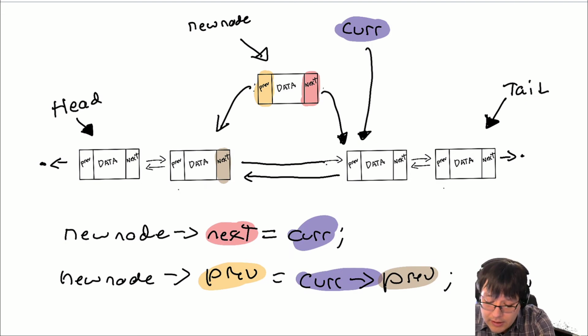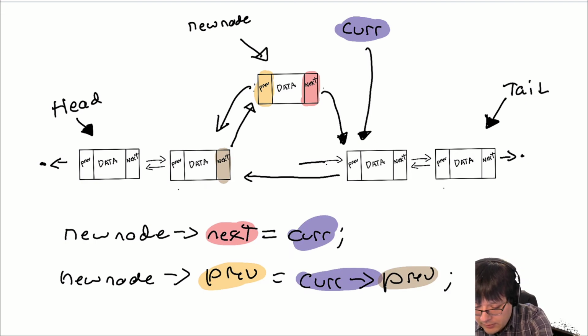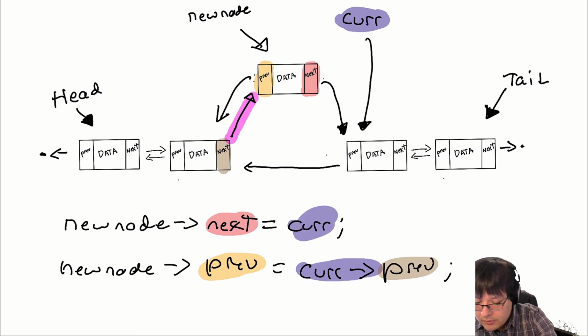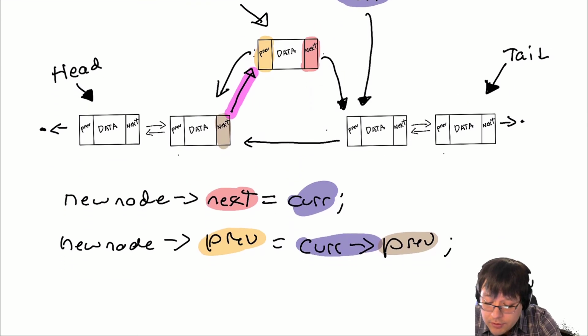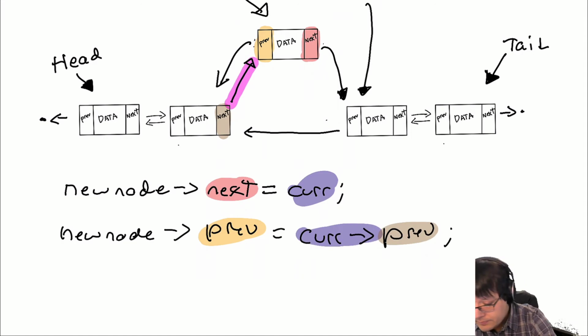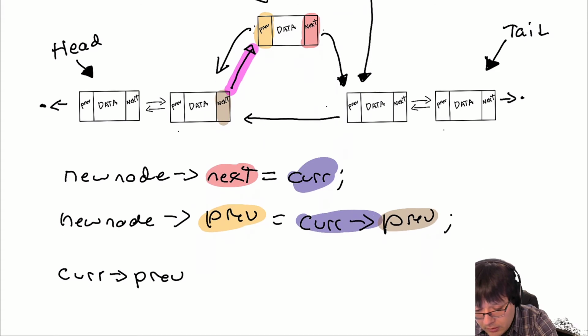So let's go ahead and make the previous node here point that way. We want to basically cut this link here and instead make it this link here. So what we're gonna do is, that is currently held in cur prev, which is also being held in new node prev. So we're gonna say cur prev, or alternatively new node prev.